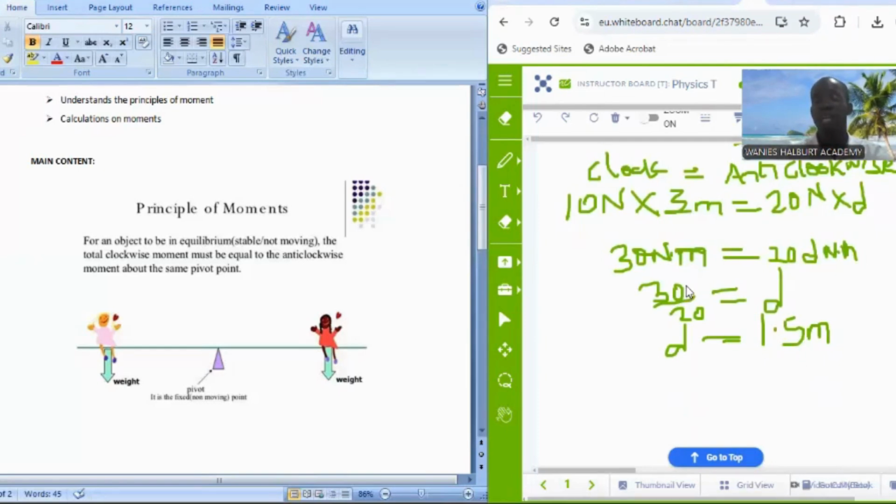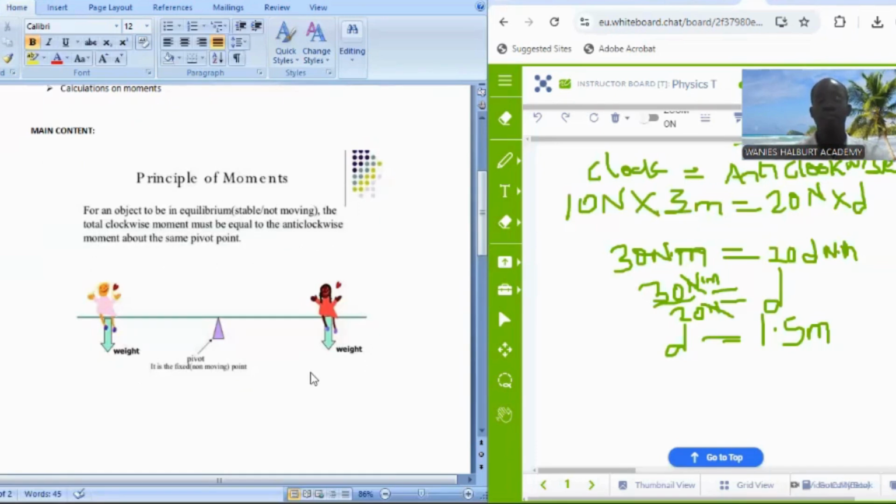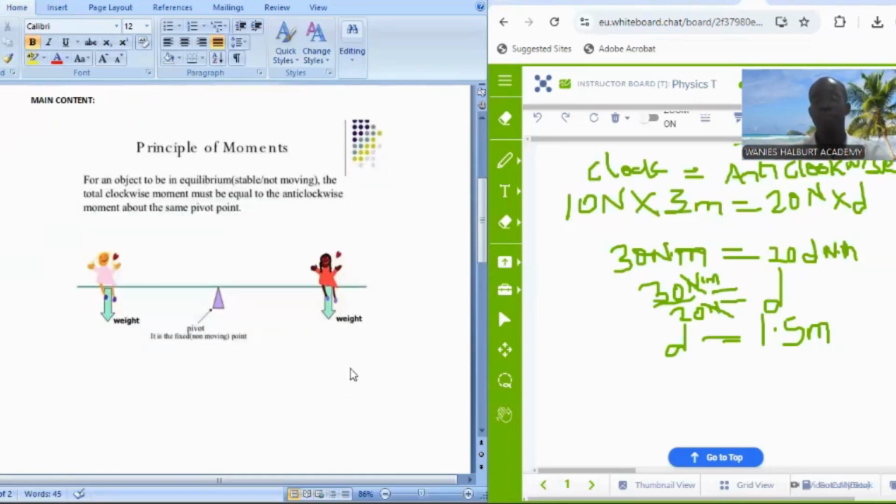Here we have 30 Newton meter, and here 20 Newton. So we cancel Newton, remaining meters. So we have 1.5 meters. Is that clear? Very clear? Okay, that's good.